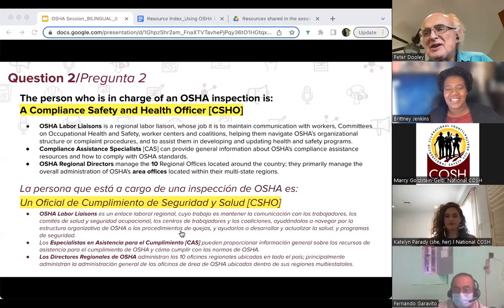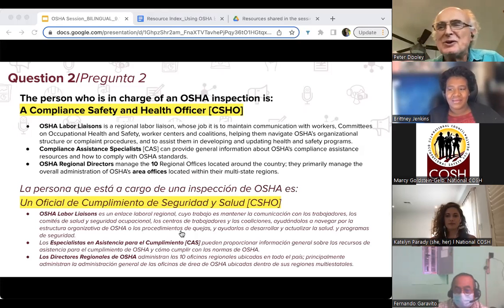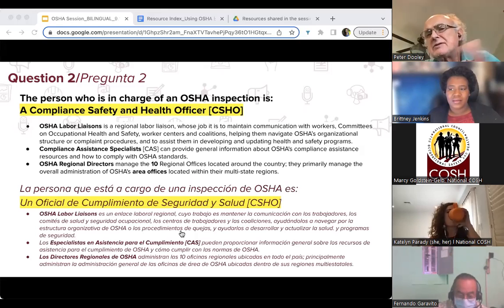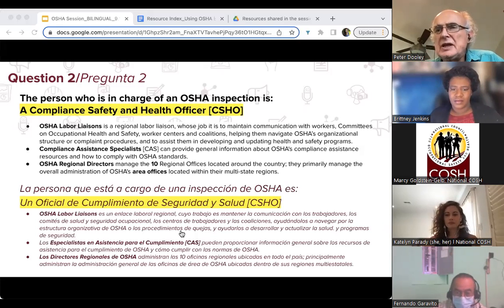So that's really great. A lot of folks had number 3, what's known as the COSHO in the short language of OSHA, the Compliance Safety and Health Officer, who's the main person in charge of the inspection. This question is just to give you a sense for some of the key players within the OSHA offices that we deal with.